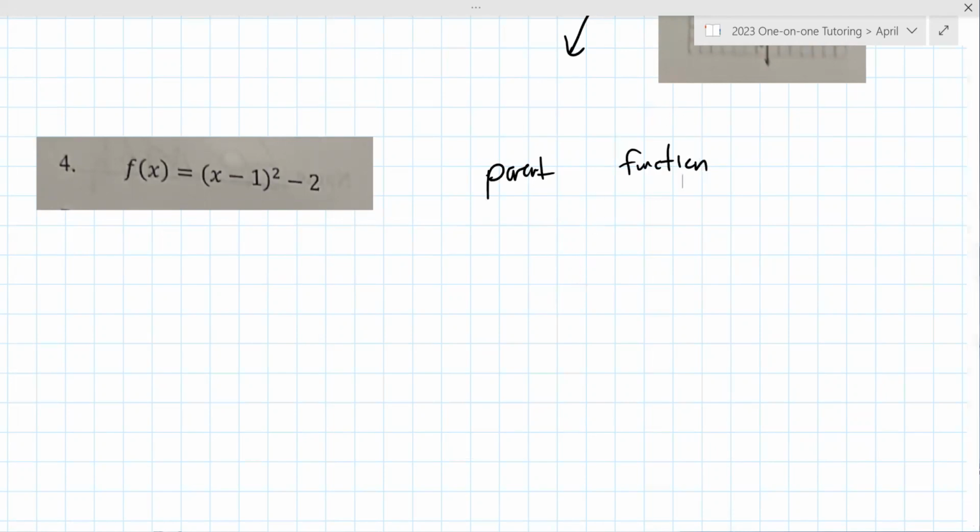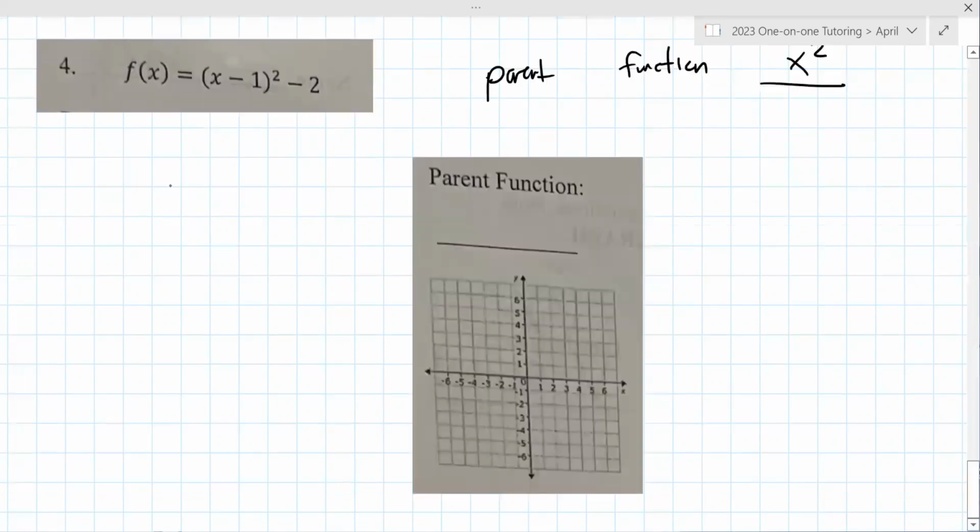The parent function is x squared again. Yeah, it's very repetitive, isn't it? Yeah, x squared. All right, what are the 3 data points that go in the table for this one? What goes under x? What goes under y?